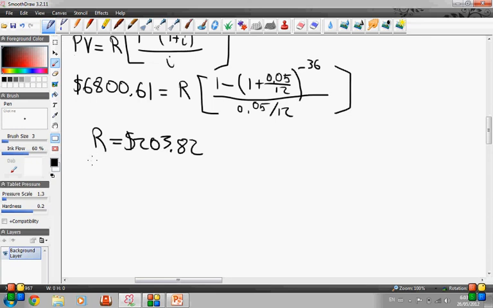So that is our R value over here, which means that this is the monthly payment that the winner of the lottery is receiving.